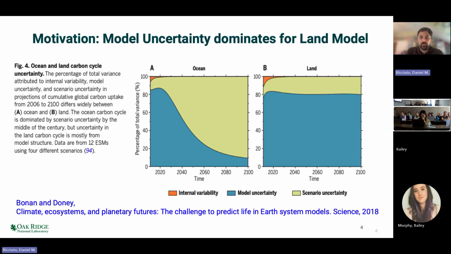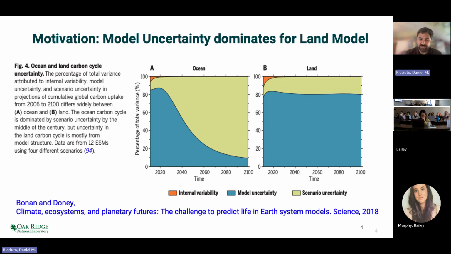And so just a little bit more motivation even. This figure compares the ocean and the land uncertainty on the right here. If you look at multiple models, multiple modeling groups, I think 12 here, over 4 different scenarios in which things like anthropogenic emissions are changing, we can see that over time, the ocean uncertainty is dominated by scenarios, right?